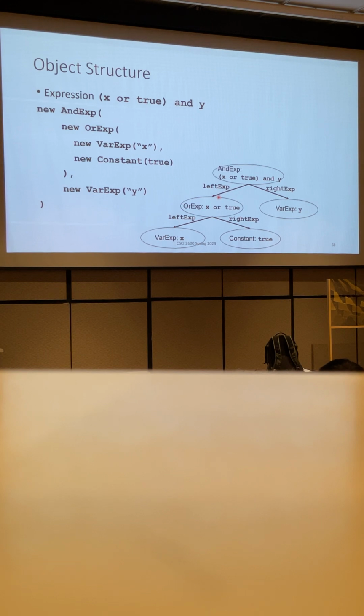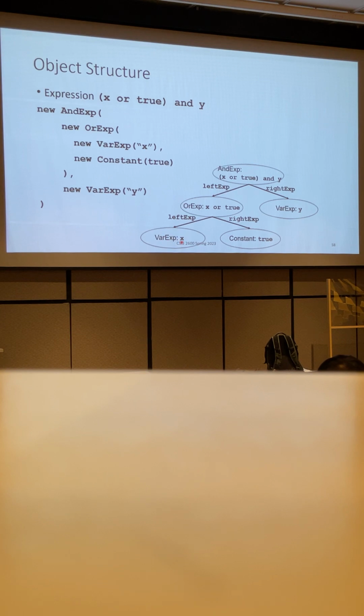The left expression is an or expression, x or true, which in turn has the left sub-expression x and right sub-expression true. So that tree gives us a very good view of the order in which operations are going to be performed. Right?